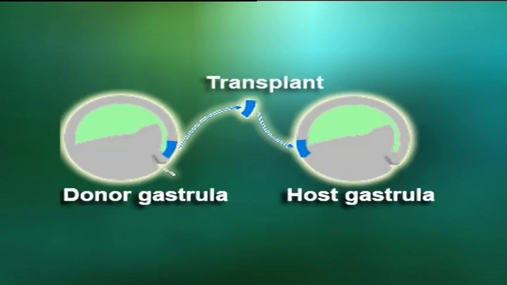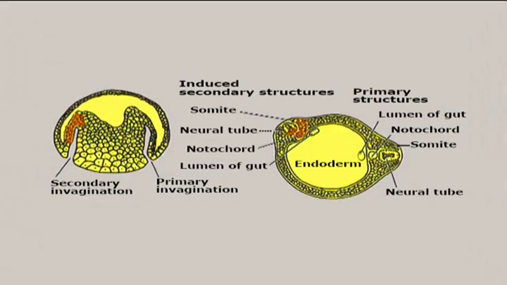Then he transplanted this small piece of tissue near the lateral lip of the blastopore of another newt. He observed that the transplanted piece of dorsal lip invaginated and developed into a second notochord and somites.